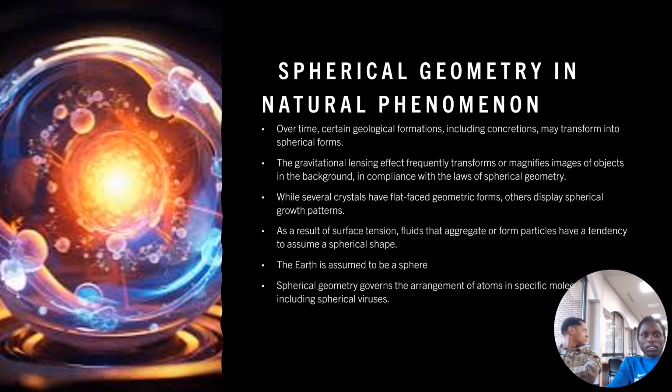Also, in natural phenomena, over time, certain geological formations transform into spherical forms. Like when you look up at the moon, it seems like a circle, but naturally it's a sphere.